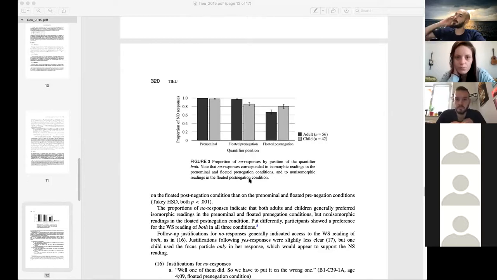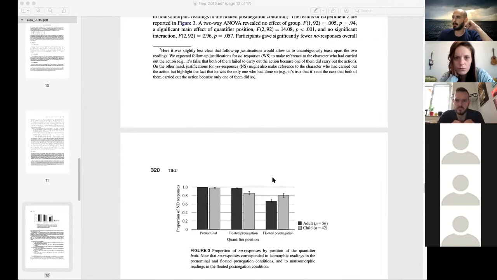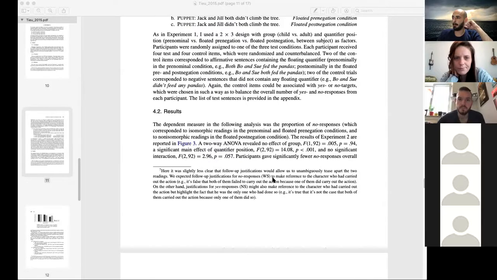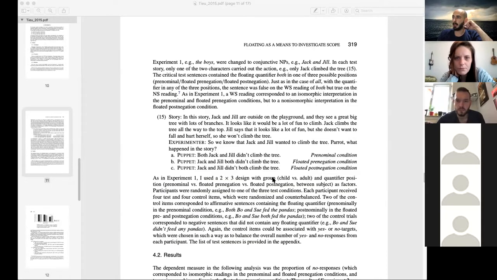Right. So you see, that's actually an interesting detail, because then it means that for every condition you didn't have more than 42 divided by 3, right?